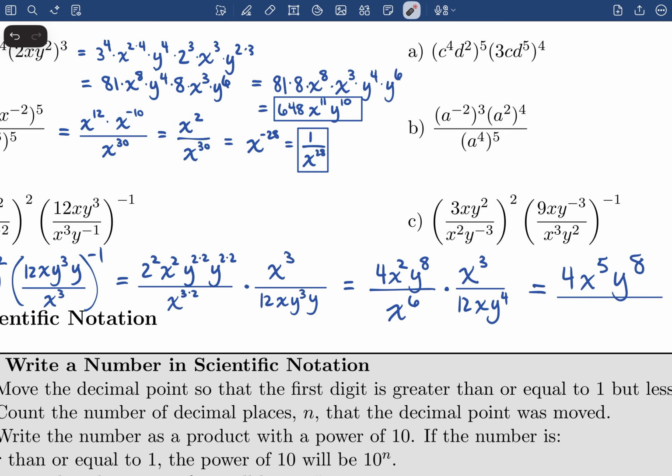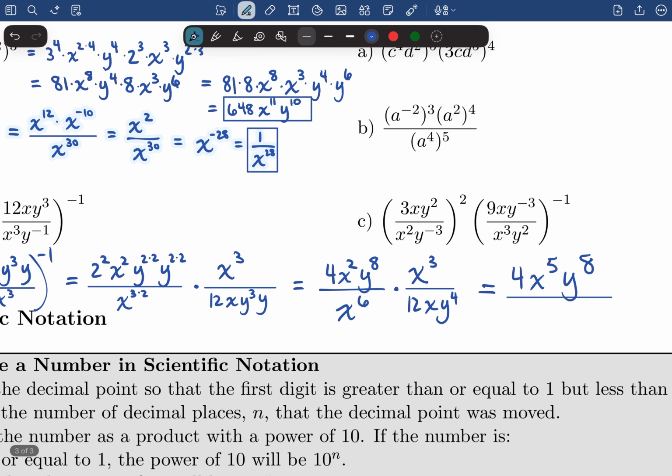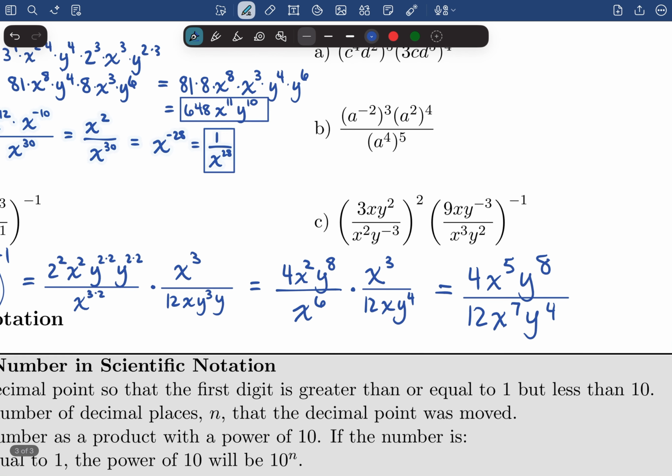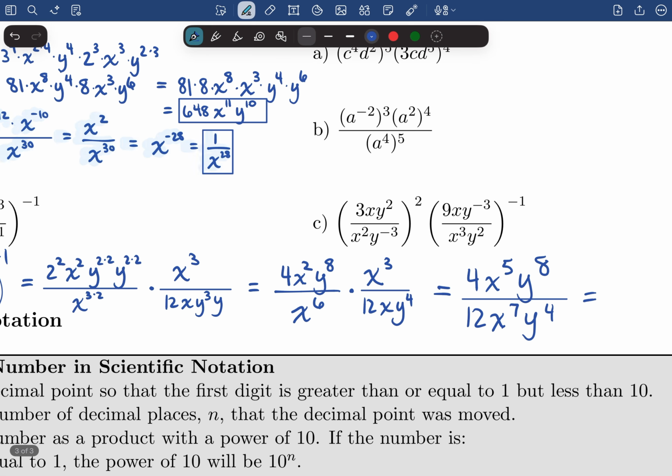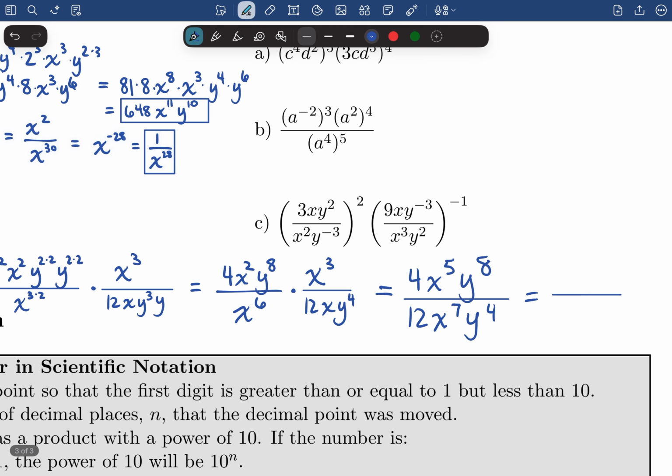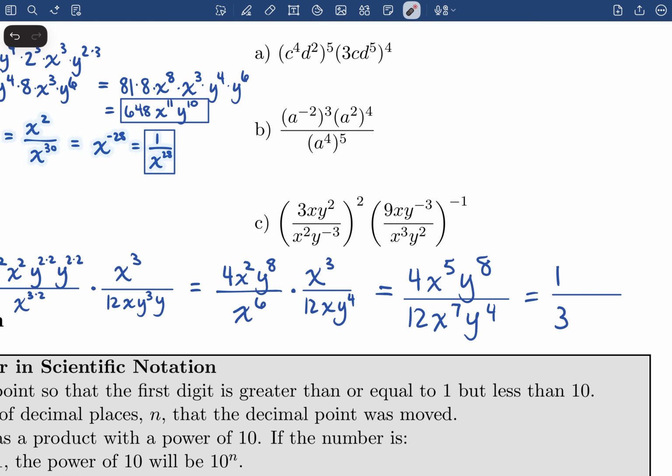So I could turn that into x to the sixth plus 1. So here I've got 12 times x to the seventh times y to the fourth. And to simplify things just a little further, this 4 over 12 reduces to 1/3. Okay, so I could rewrite this as 1/3 because that's 4 out of 12 that reduces.